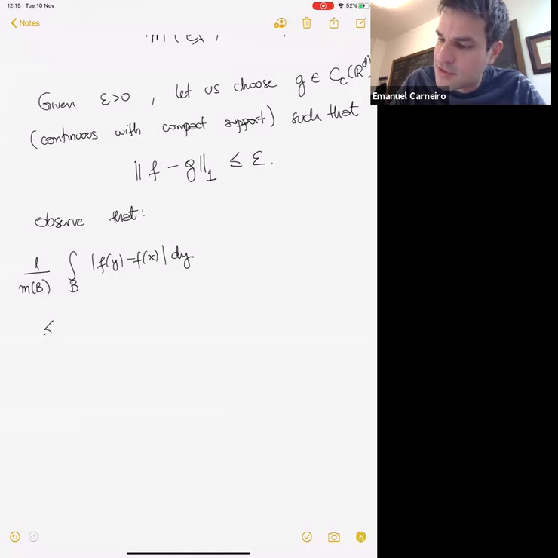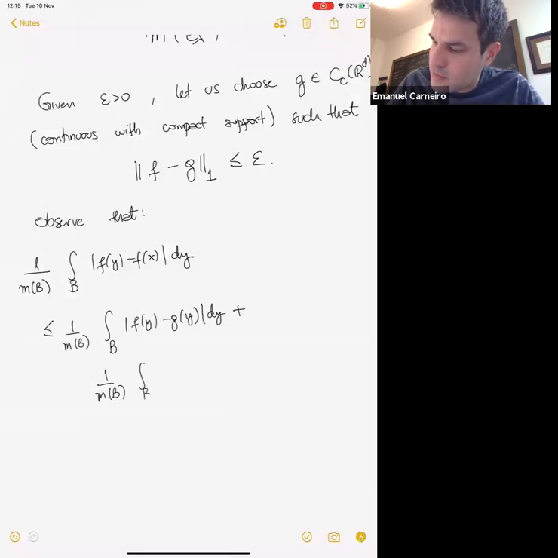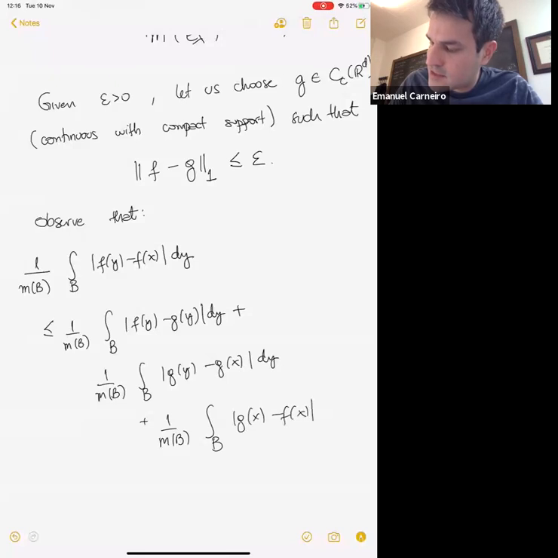So this is less than or equal to 1 over measure of B, integral of |f(y) minus g(y)|, plus 1 over measure of B, integral of |g(y) minus g(x)| dy, plus 1 over measure of B, integral over B of |g(x) minus f(x)| dy.